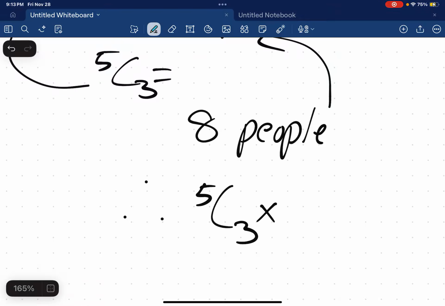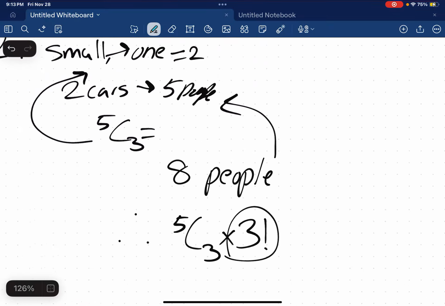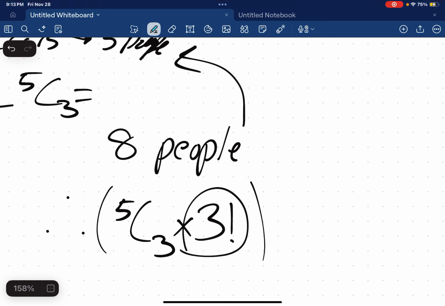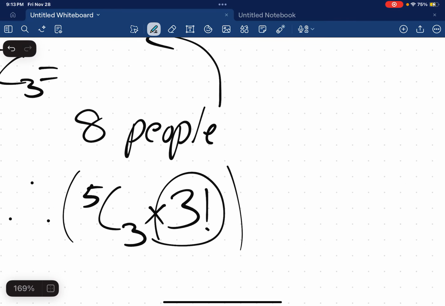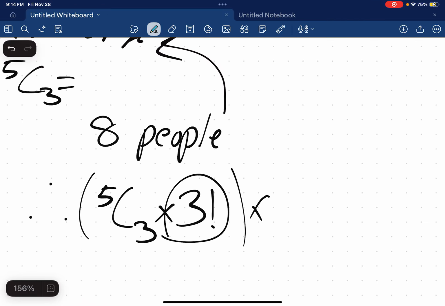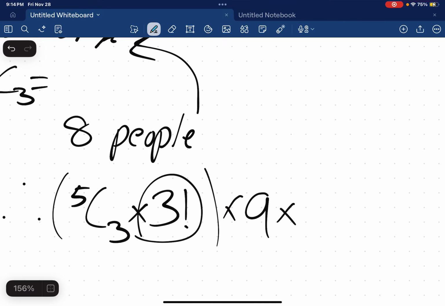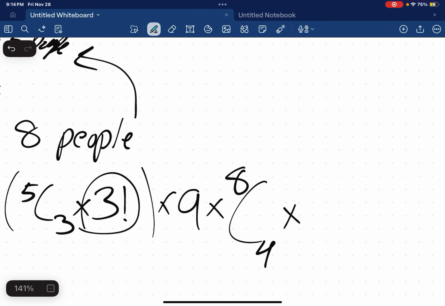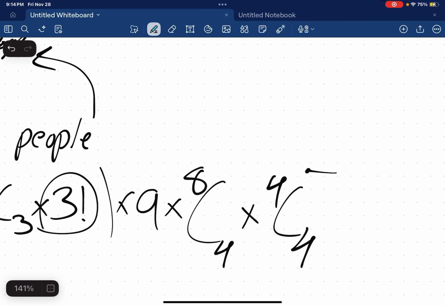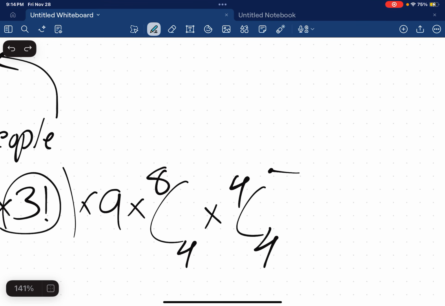And that's going to get multiplied by 3 factorial because there's going to be 3 cars, and those 3 drivers can decide which car they're going to choose to go in 6 different ways, which is 3 factorial ways, times 9 for the amount of people left, times 8 choose 4 to see who's going to go into the first car, times 4 choose 4, because there's only going to be one way all those passengers can get in, and that's going to end up being equal to 37,800.